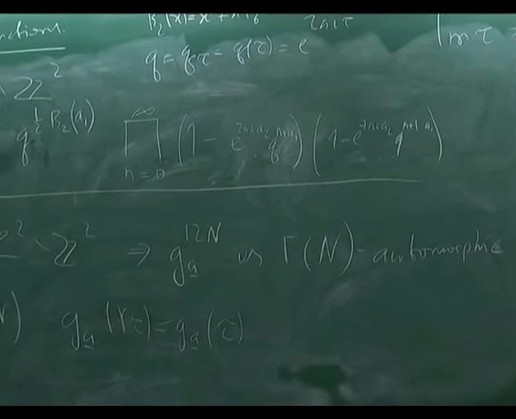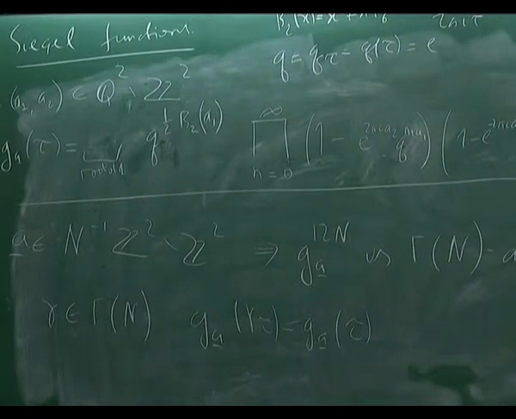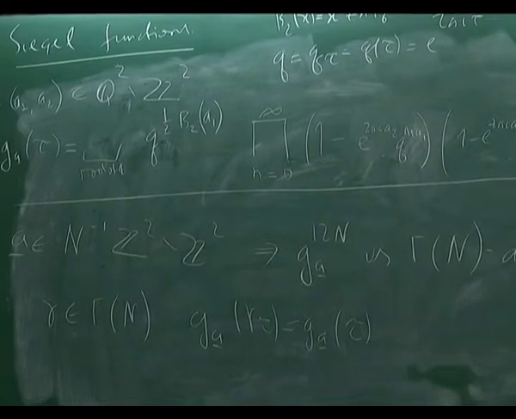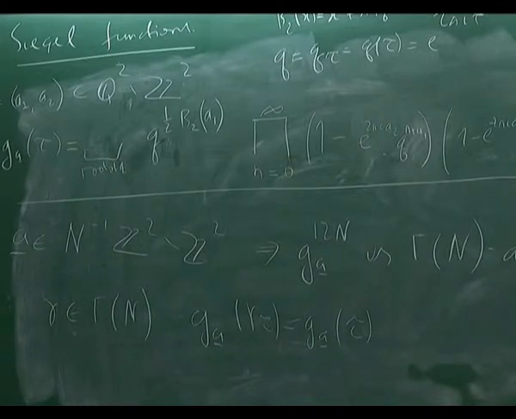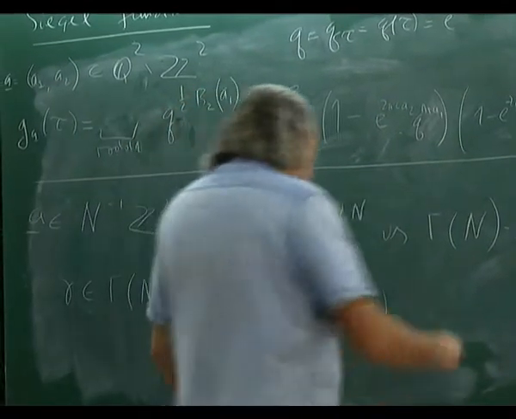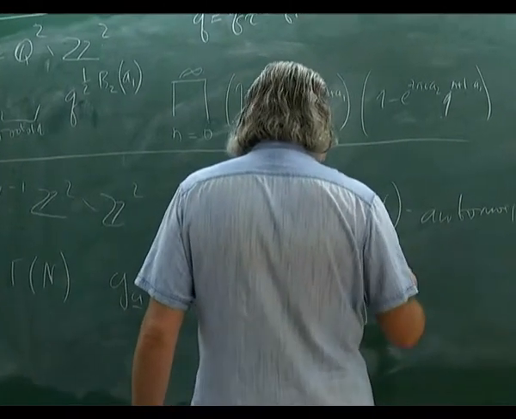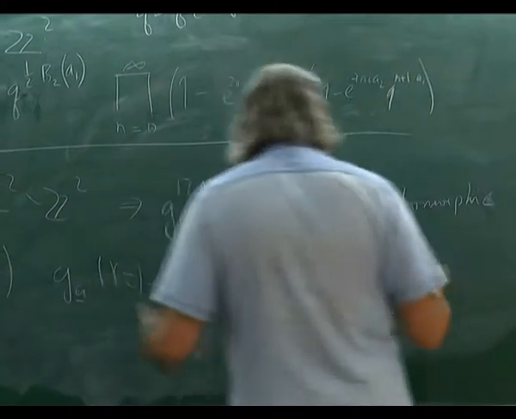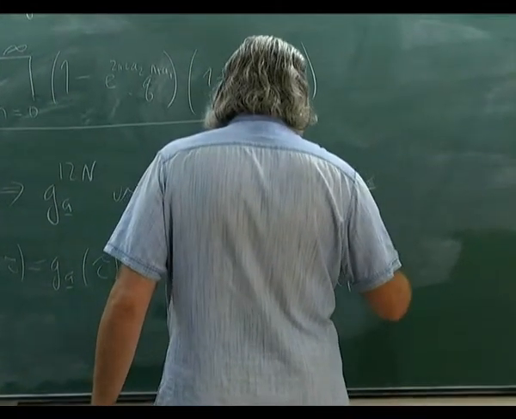Well, I think that yes. For n equal to 1, simply the set of this function is empty, but everything will have just one cusp, so we cannot have anything. Yes, which means that g_a to the 12n defines a holomorphic function on the curve X(n).